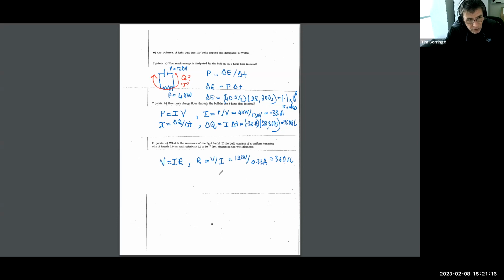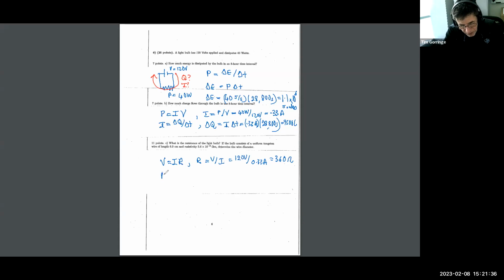So the length of the wire, the cross-sectional area of the wire, the resistivity of the wire. And I'm going to solve for the cross-sectional area of the wire. So that's really the main bulk of the solution here. And then once we've got the cross-sectional area of the wire, it's easy to calculate the diameter.